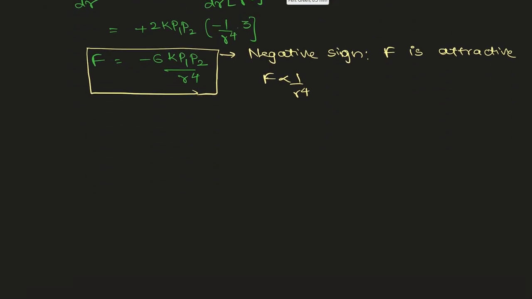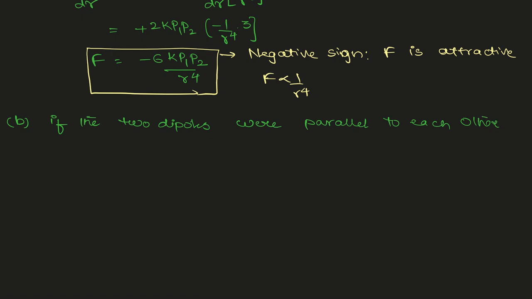Now the second case will be like this. If the two dipoles were parallel to each other, that means the situation will be like this.